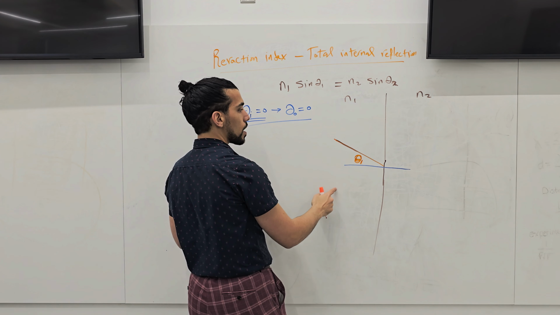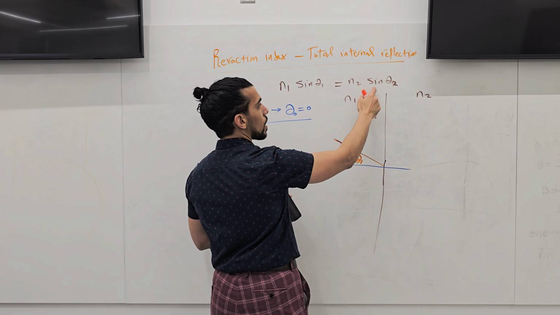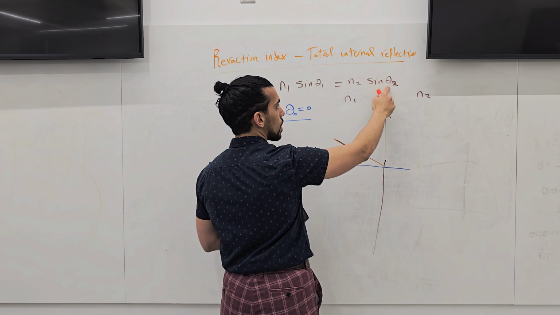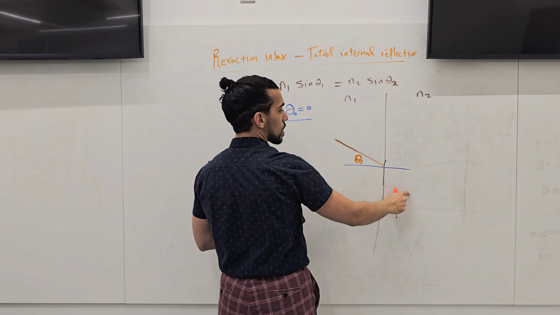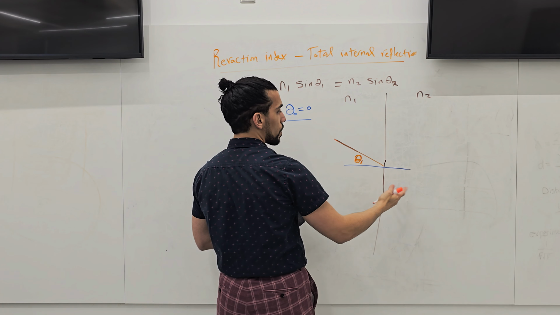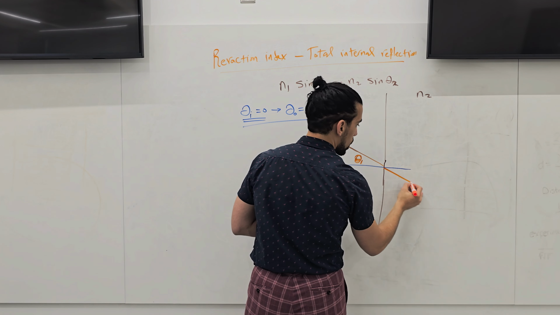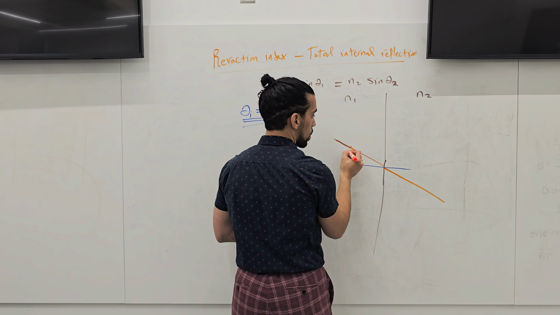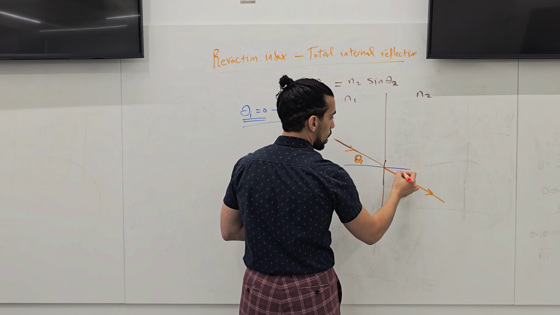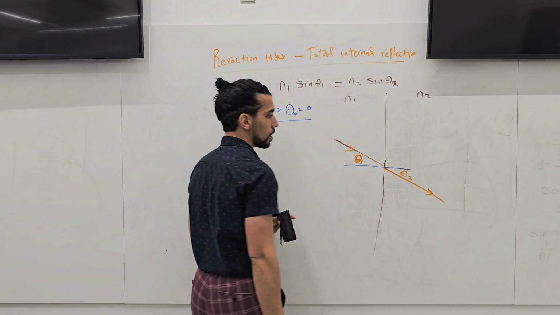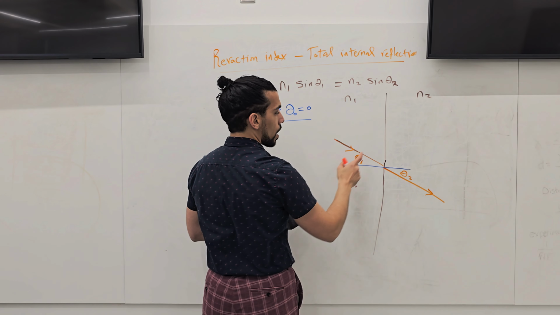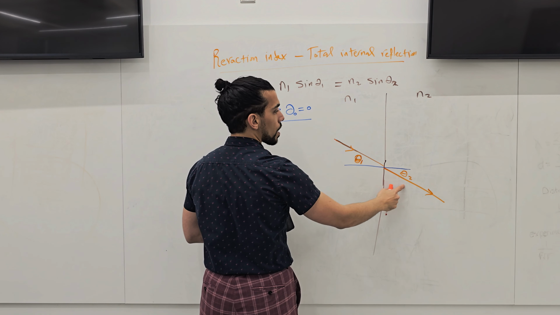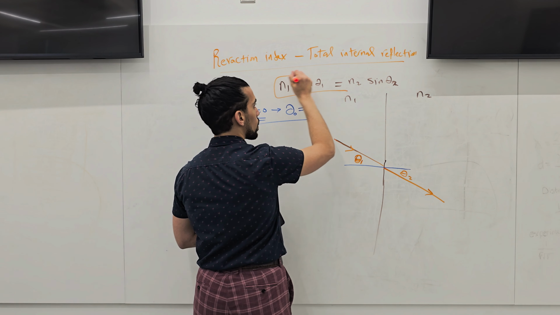From Snell's law, the ray of light is going to be refracted inside the other material with a different angle. So it's going in this direction, and this is going to be theta 2. Knowing n1, n2, and theta 1, we can find theta 2 using Snell's law.